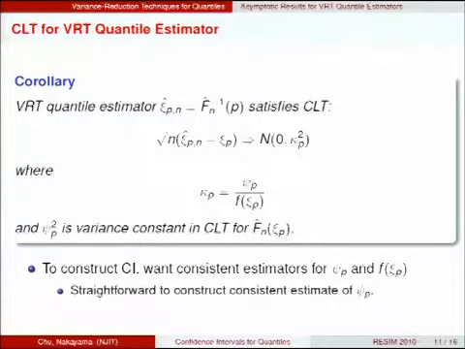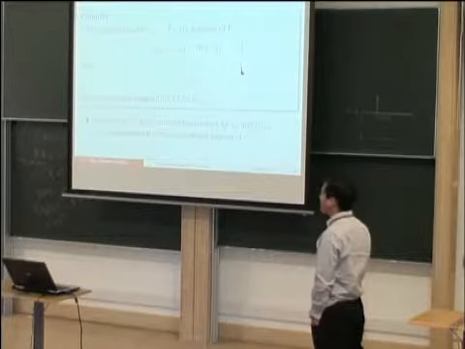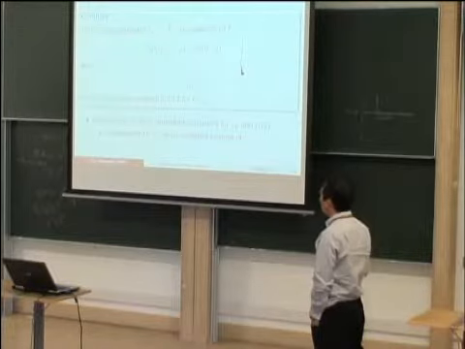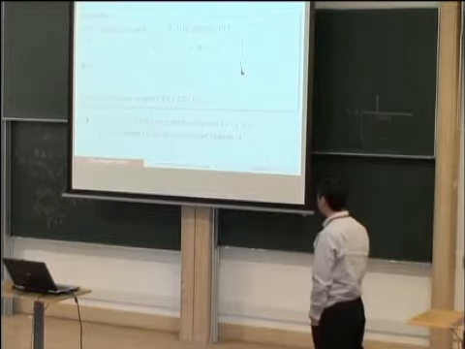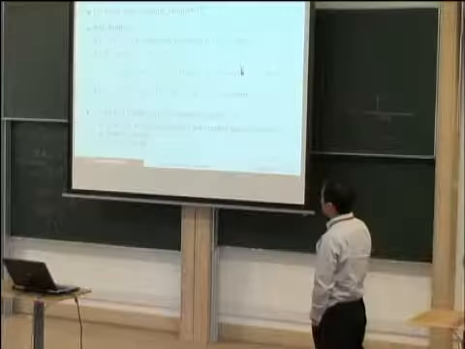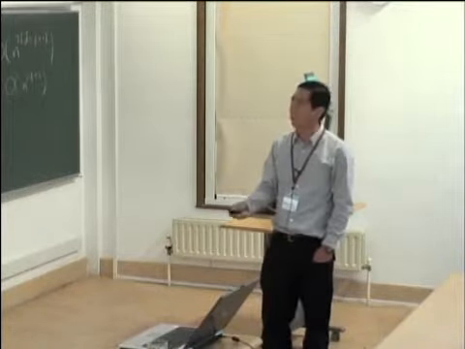Kappa p we can express as the ratio of psi p divided by the density function evaluated at the true quantile. Now psi p is exactly the variance constant that appears in our central limit theorem for the CDF estimator evaluated exactly at the true quantile. That's exactly what we saw before in our assumption A3.